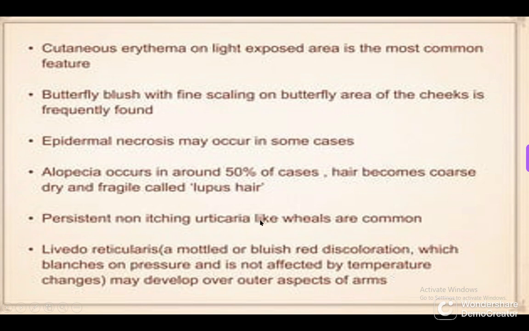Persistent, non-itching urticaria-like lesions are common, just like weals. Livedo reticularis is a mottled bluish-red discoloration which blanches on pressure and is not affected by temperature changes. It may develop over the outer aspect of the arms, and can occur in the lower limbs also.